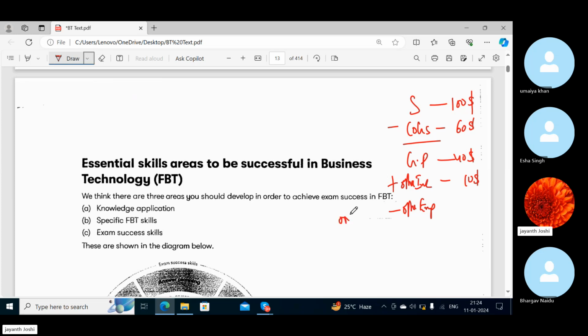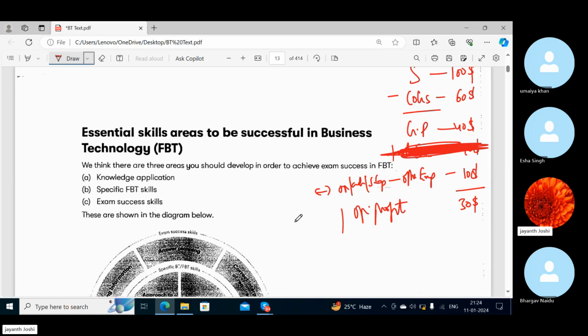Okay, then if I remove all the operating, administration and selling expenses, I'll just not put other incomes here. Let me not put it here. If I take this, then 40 minus this is $30. This is called operating profit.